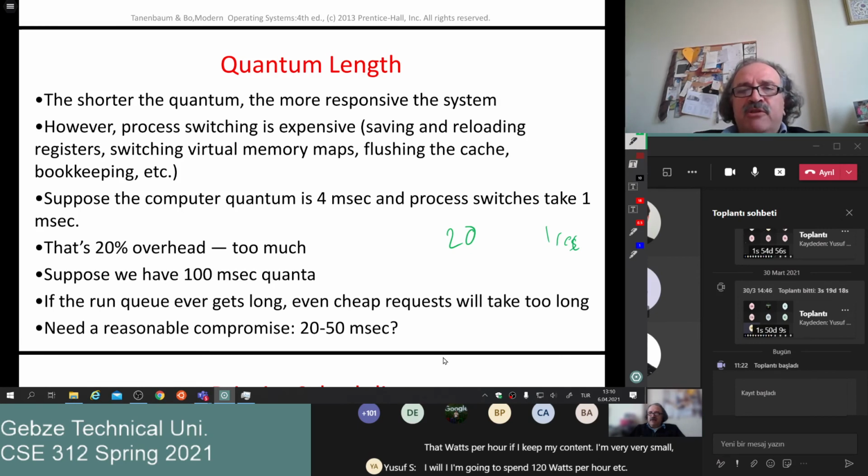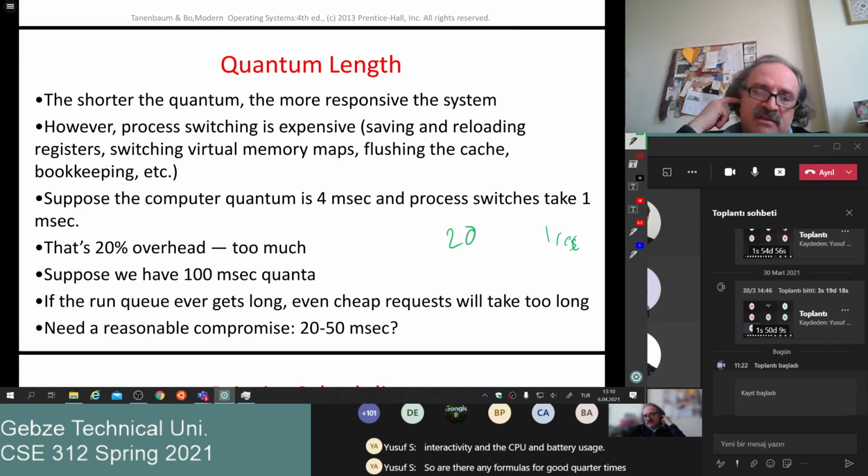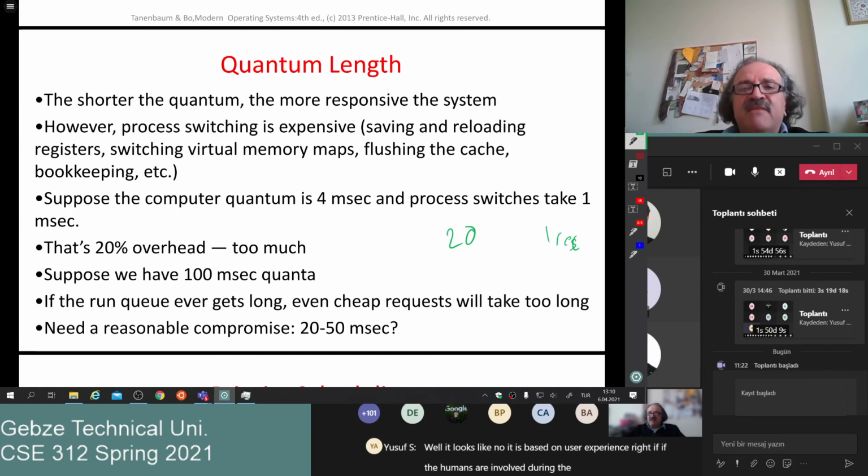So quantum length is directly related to interactivity and the CPU and the battery usage. Are there any formulas for good quantum times? Well, it looks like no. It is based on user experience. If humans are involved, doing the experimentation is very difficult, because there is no standard human.